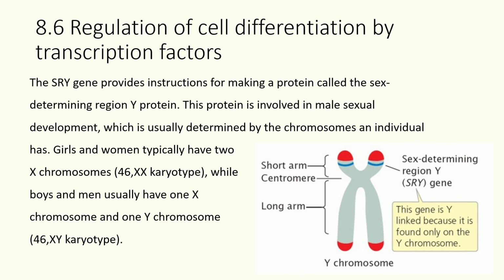So they have an XX karyotype, while people who are genetically male will have an X and a Y chromosome. On that Y chromosome, we have the SRY gene, okay? It's only found on the Y chromosome.